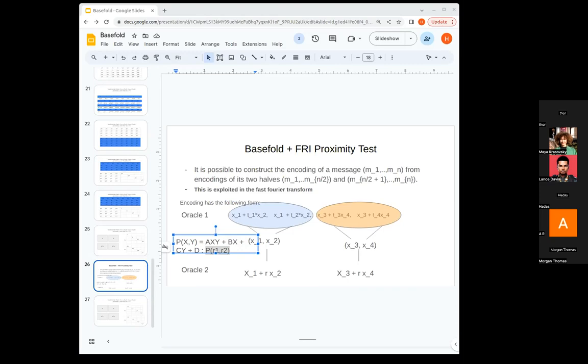Cool. Are there any other comments or questions? I guess I didn't touch a lot on practical applications, so if you have questions around that, I'm happy to answer. I think Basefold will yield the most performance advantage as a multilinear PCS.